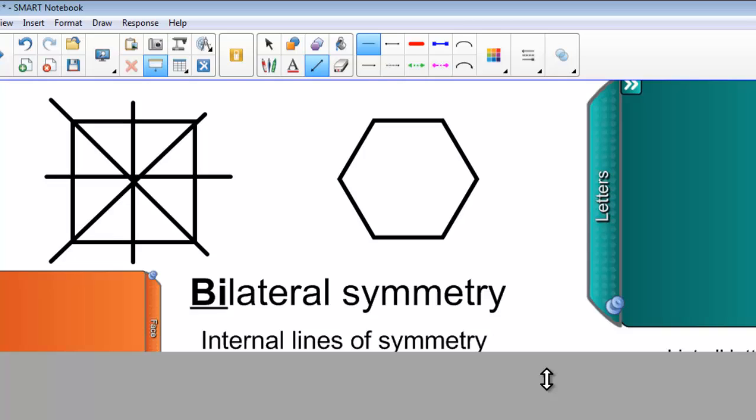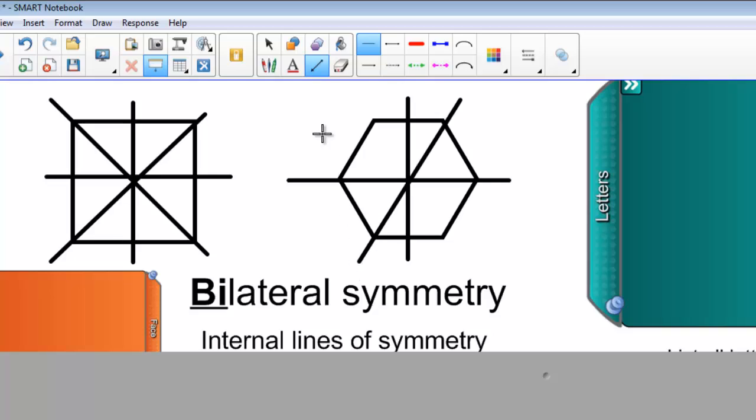Well, let's see if that works out with a hexagon. So with our hexagon here, if we were to cut it in half, so there you go, one side can fold over on top of the other. So there's one line of symmetry. You can cut it down the center like we did with the square. Good, there's two. We can go diagonal.